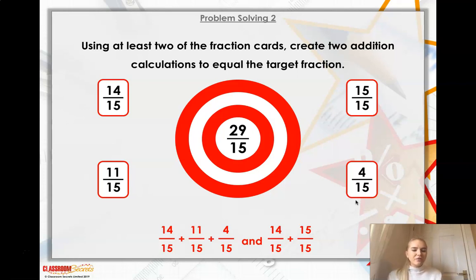What about 11/15 add 15/15? What is 11 add 15? Well, I know 11 add 10 is 21, and 21 add 5, well, that's not 29, so that won't work. So my 2 options are 14/15 add 11/15 add 4/15, and 14/15 add 15/15. Well done if you got those.